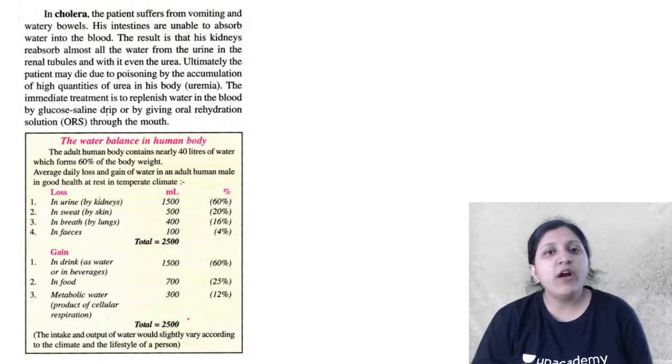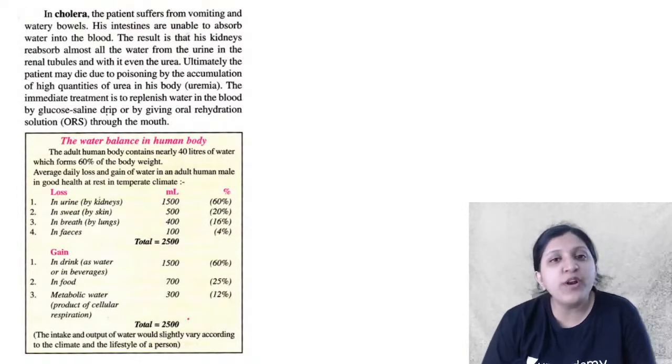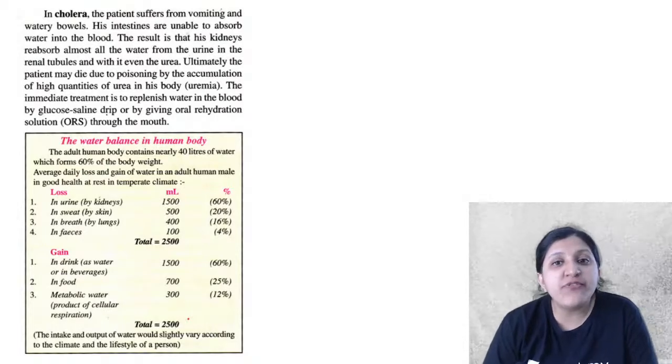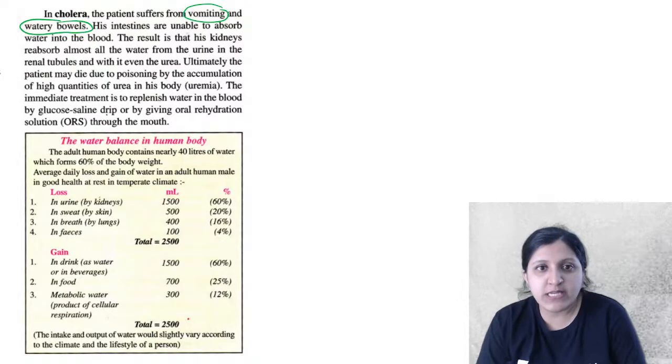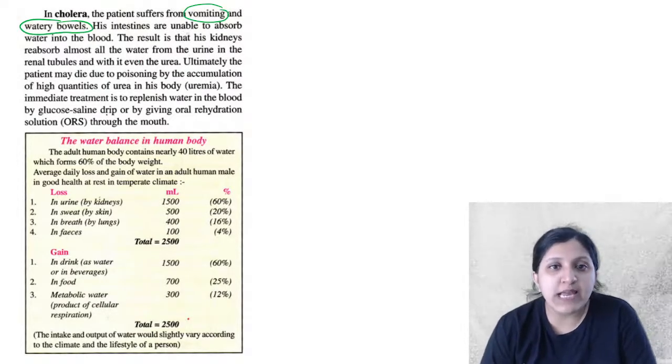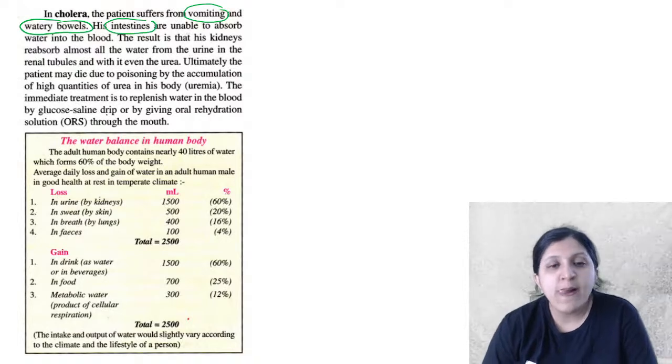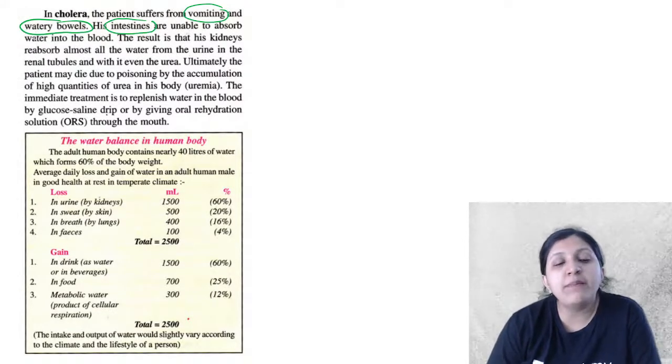Okay, so in cholera, what happens to the patient? The patient suffers from vomiting and also watery loose motions. In the intestine, basically, absorption of water occurs, but the intestines of a cholera patient are unable to absorb water into the blood.